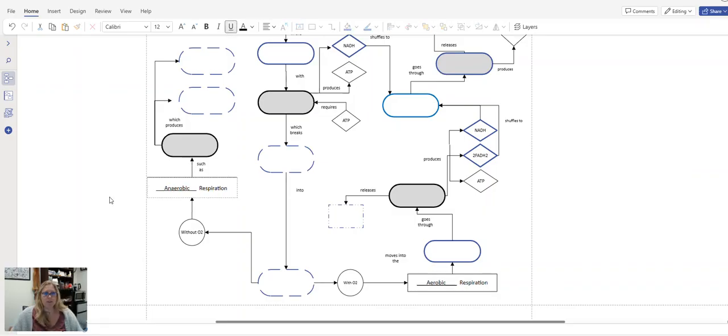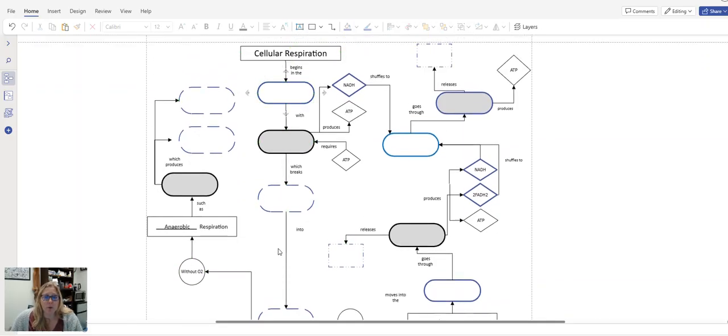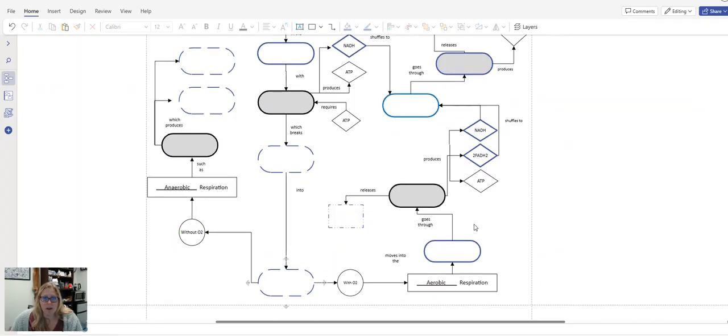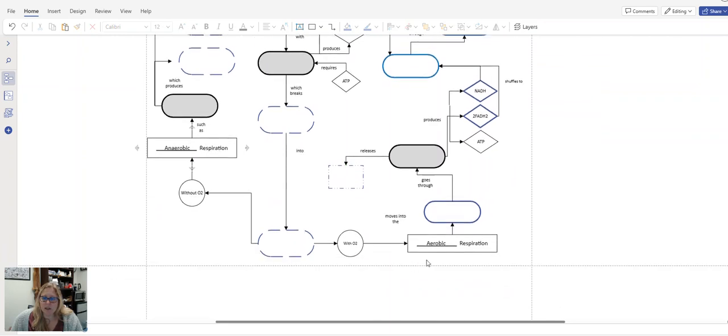So I can fill those in. So I have two kinds of respiration that can occur. I can have aerobic respiration when I have oxygen present, or anaerobic respiration when there isn't oxygen present, which also means though that there is some sort of step that occurs before either process can continue.